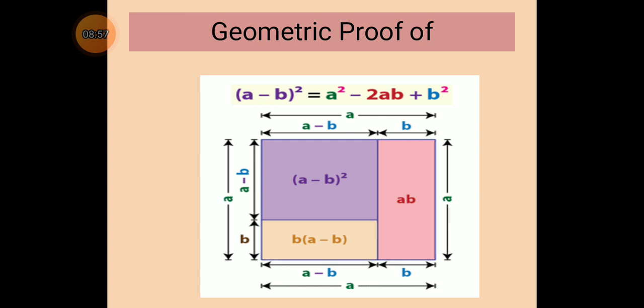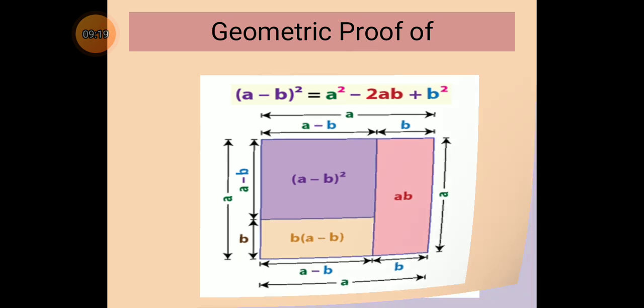That becomes a square minus 2ab plus b square. Thus, the picture itself tells you that (a minus b) whole square is equal to a square minus 2ab plus b square. So, geometrically, you have to observe the square and rectangles in the square of a units, and you can conclude it.